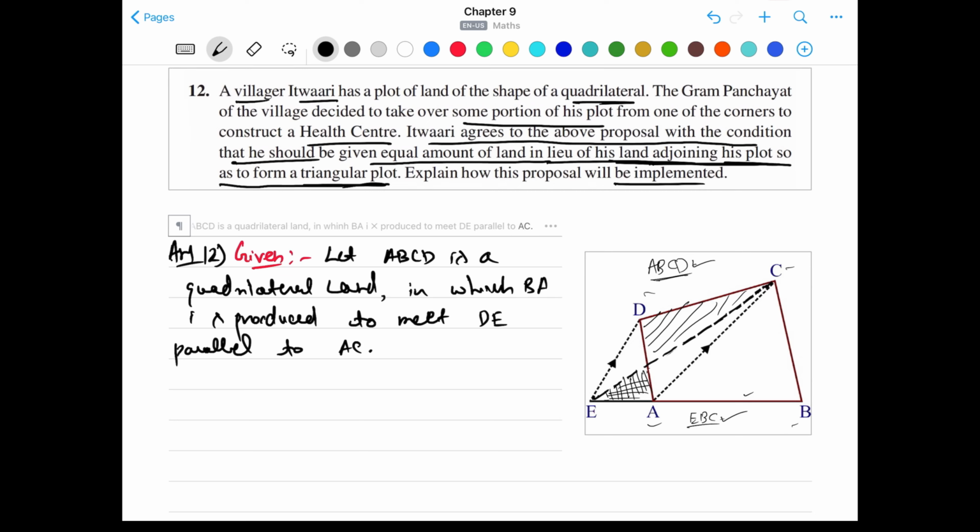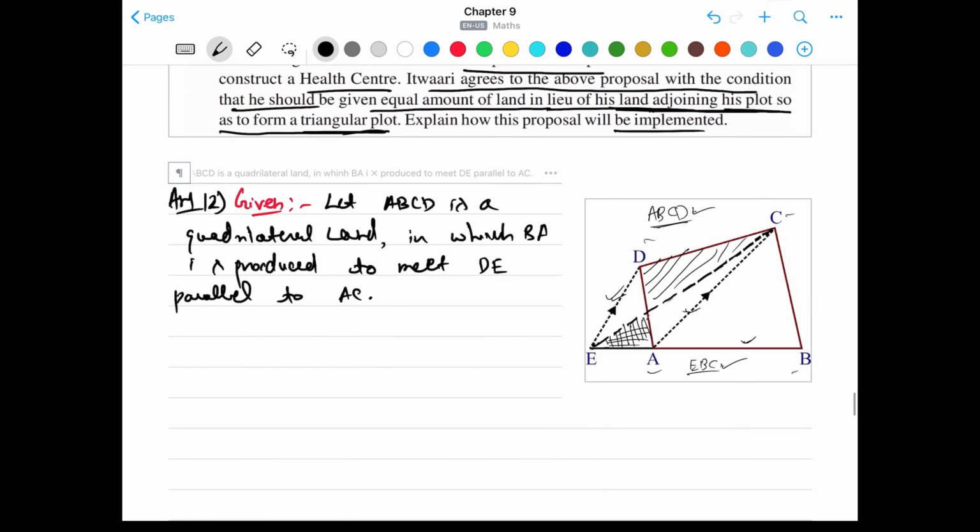So what we did here is we produced BA to meet DE, which is parallel to AC. In this figure they may not look exactly parallel, but we have to extend this till the point where these two lines will be parallel. That means we are given that AC is parallel to DE.